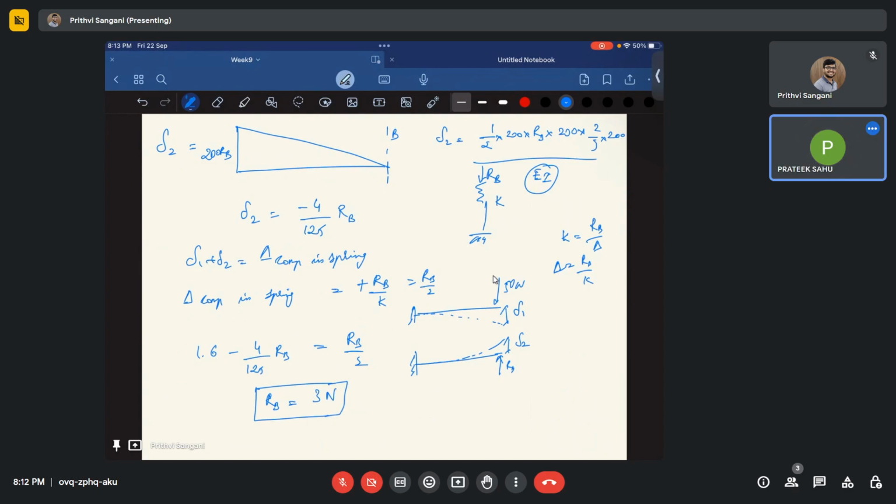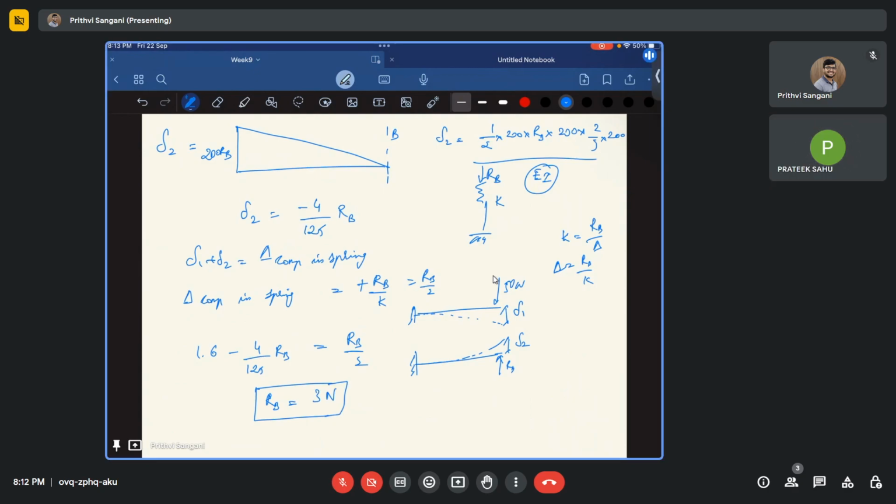Yes sir. So RB you have found out, that is the load in the spring. So what is the compression in the spring? Compression in the spring is RB by 2, that is 1.5 mm.